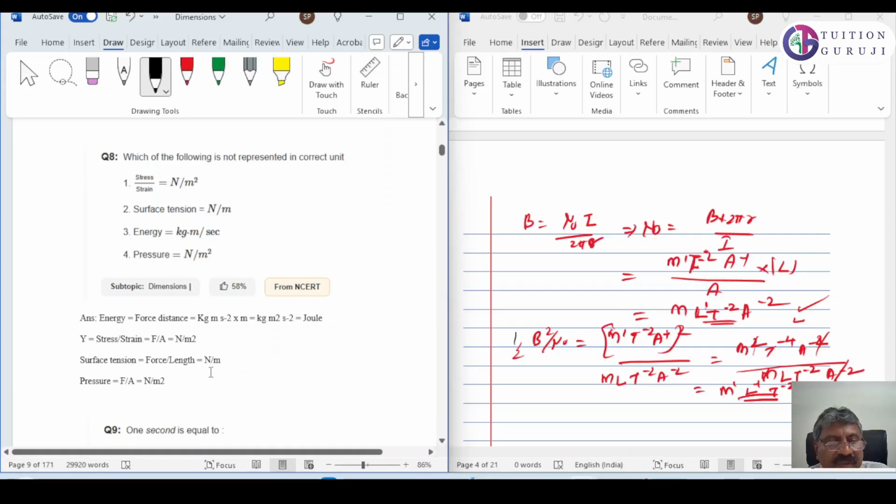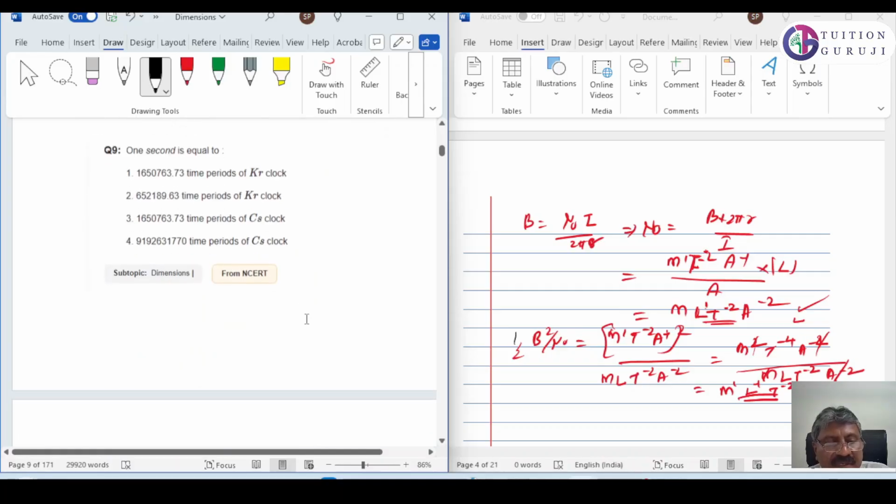Energy is force into distance, where force is M into A, kilogram into meter per second square, giving kilogram meter square second raised to minus 2, which is joule. So kilogram meter per second is wrong. It should be joule.